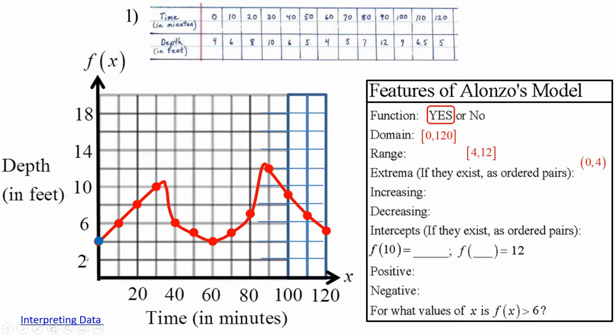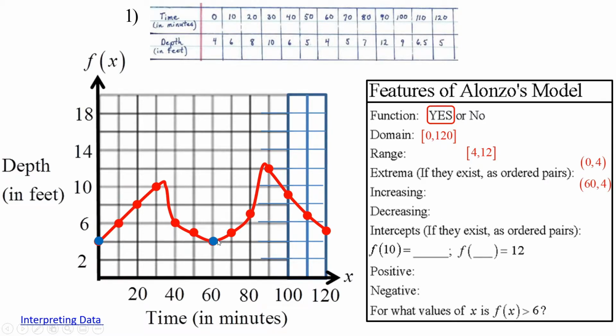And then, now that's pretty high right there, but that's not an extrema. So let's go down here, and then I'm going right to there. Oh, that is also at the same height as this point here, so I better list this point too as an ordered pair, and the x is 60, and f of 60 equals 4. So that would be the ordered pair, (60, 4).